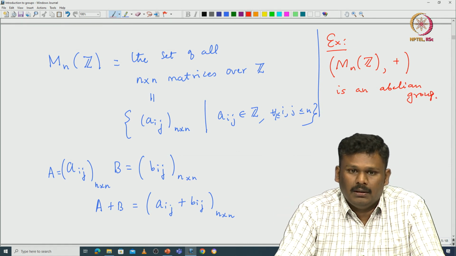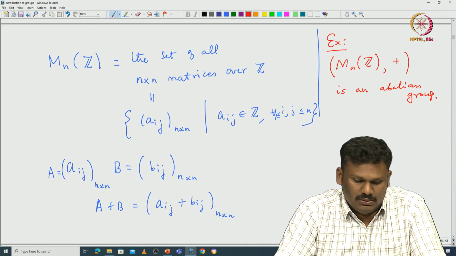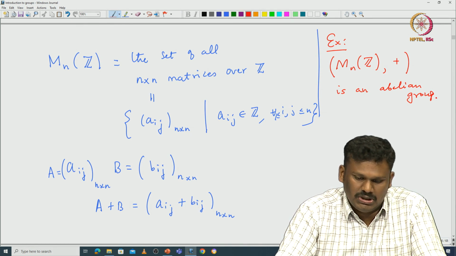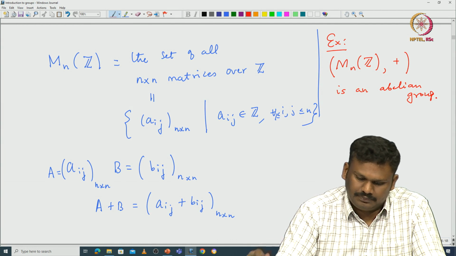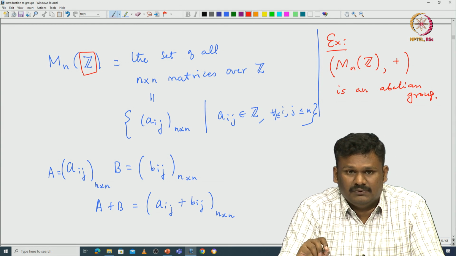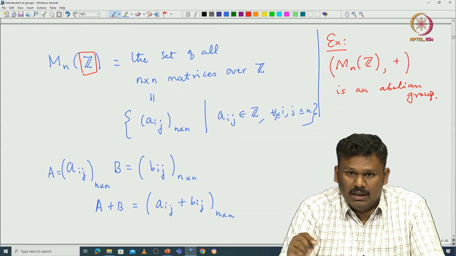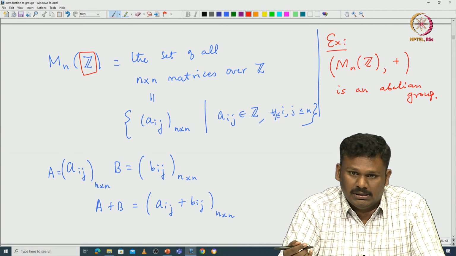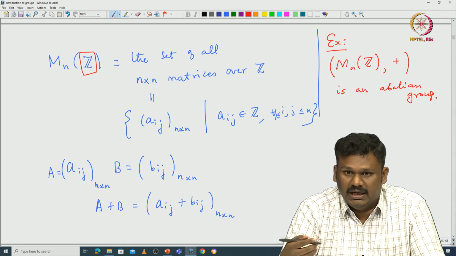Okay. So now this is one such example. Now you can also change the entries. This Z you can replace, for example, by the rationals, reals, complex numbers, and if you know what a field is, you can also replace it with any field.